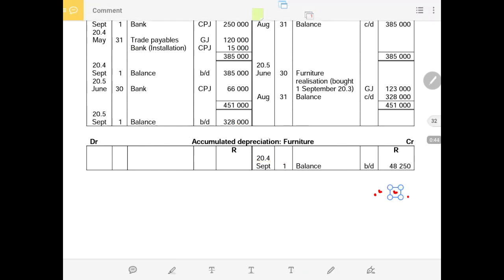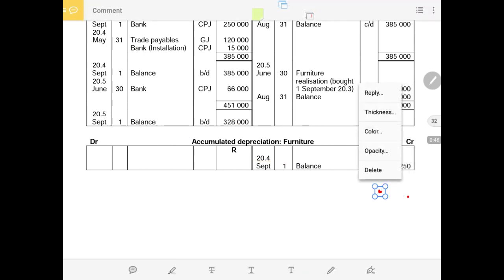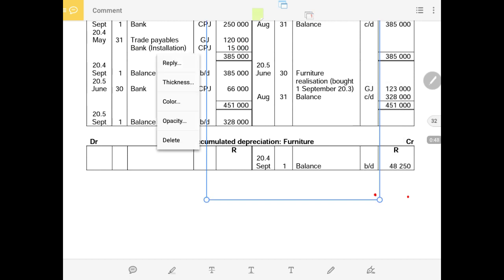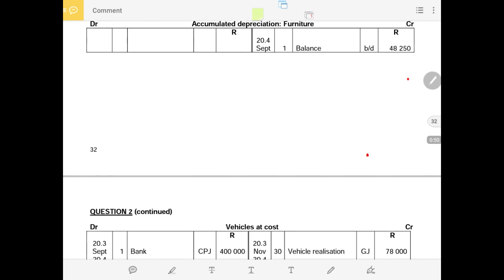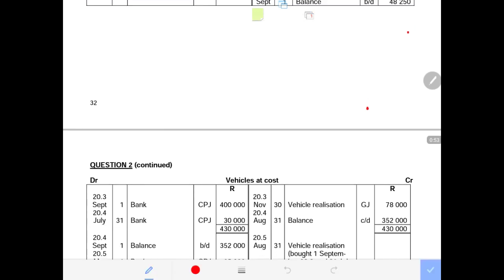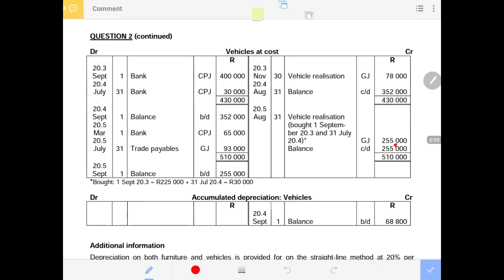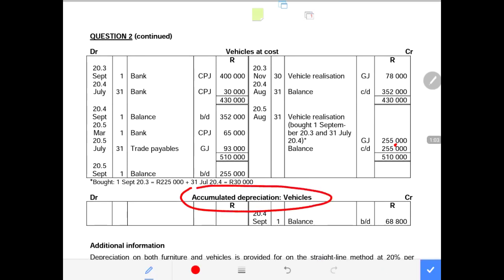Then there is another ledger account on vehicles at cost, and below that another ledger account, which is accumulated depreciation on vehicles.